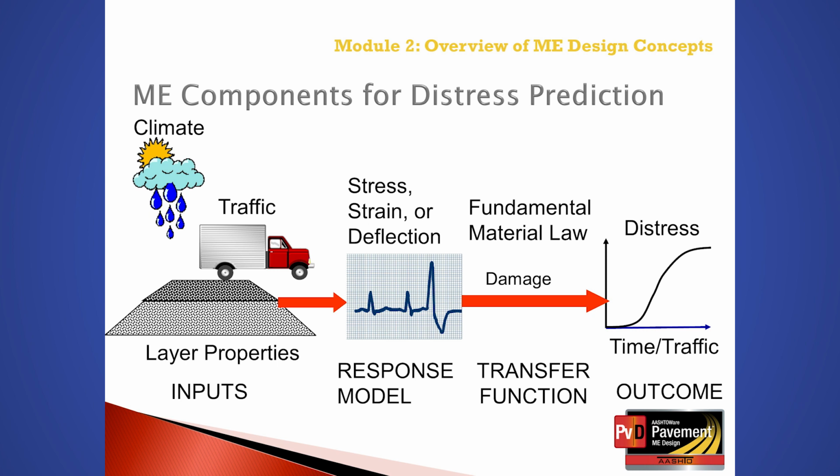The layer properties are determined at construction, and then those layer properties vary throughout the design period based on temperature, moisture, as well as aging of the asphalt mixtures and/or strength and modulus growth over time for Portland cement concrete mixtures.